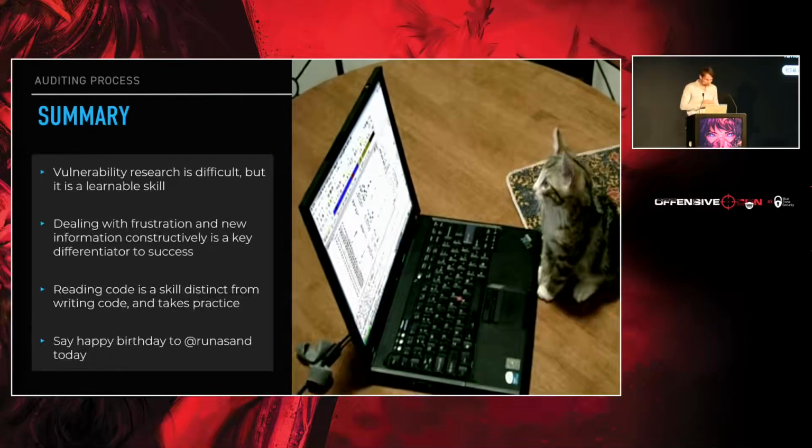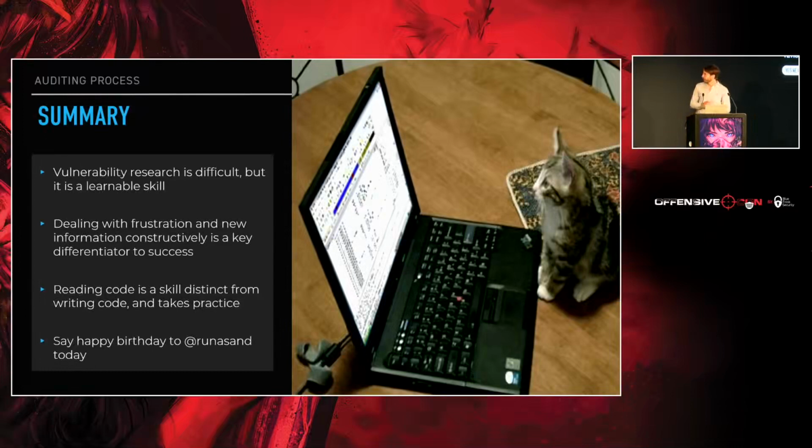Especially dealing with frustration is a key differentiator to success, and people that manage to master that will be much more successful in vulnerability research and less likely to burn out early.